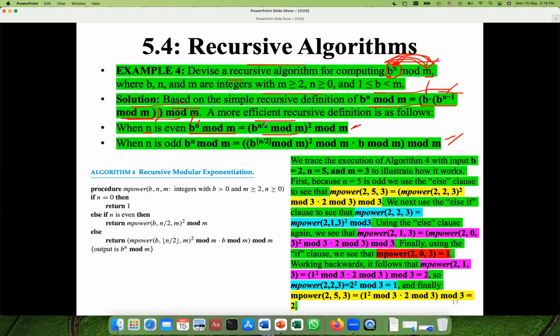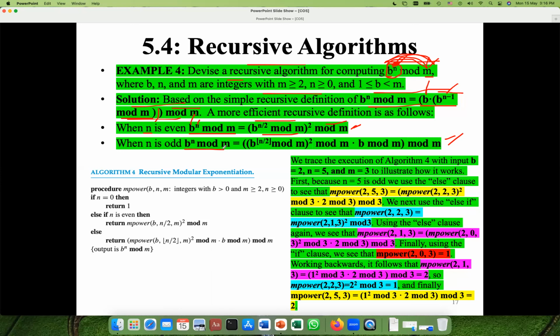First we are making it half, then whatever I get, I square and then do mod m again. So this is just the understanding of that equation. How it is formed is up to the person who formed this equation, but you got the understanding.